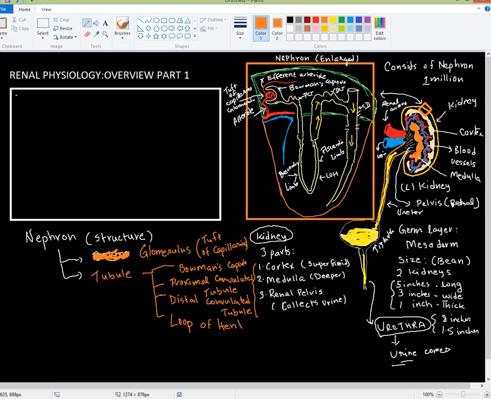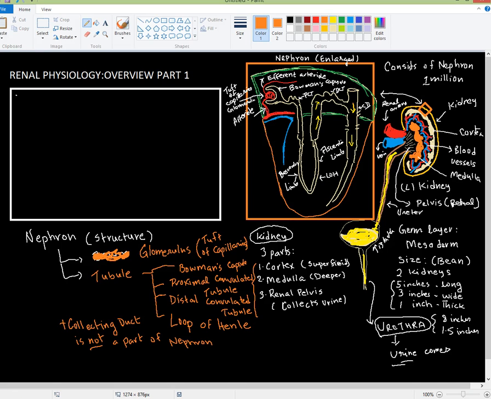But collecting duct is not a part of nephron. It's important to remember that collecting duct is not a part of nephron.